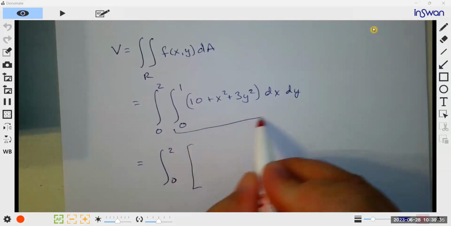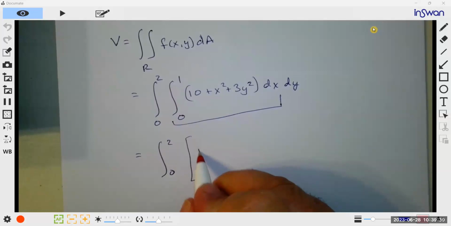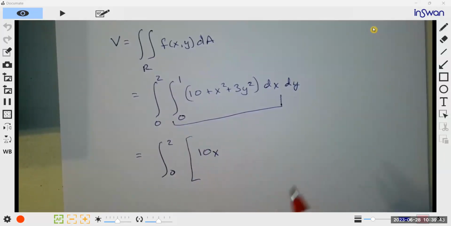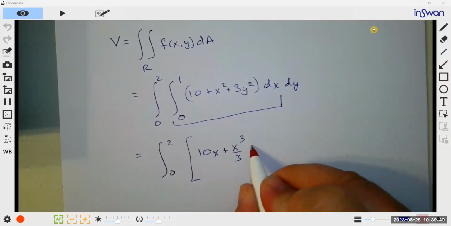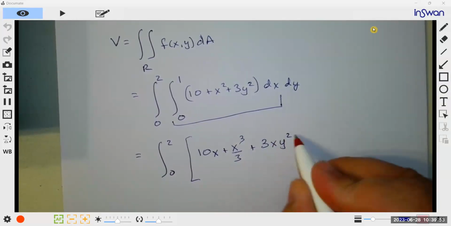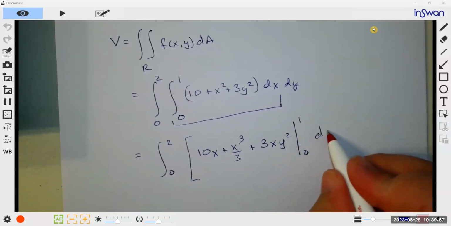Let's integrate with respect to x first. So it becomes 10x plus x cubed over 3, plus 3x y squared from 0 to 1, dy.